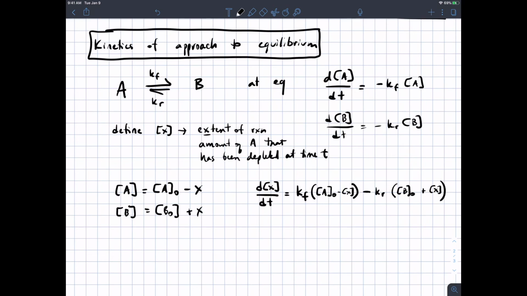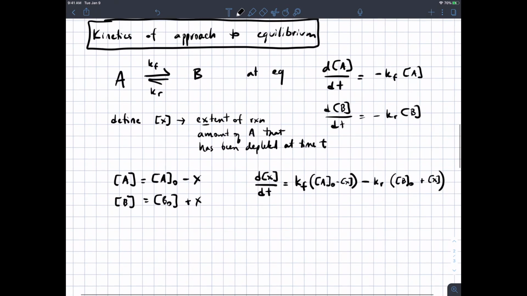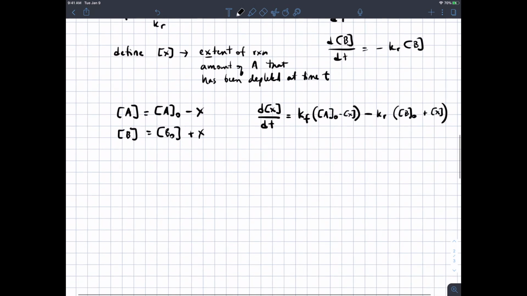The overall rate of change in the reaction is equal to the forward rate minus the reverse rate. And we're not at equilibrium here. Okay. And we'll be at equilibrium when dx dt equals 0. So you can do the algebra and the integration, or rather it can be done because I can't do it.